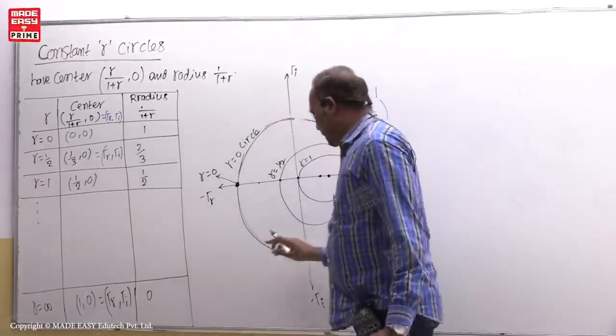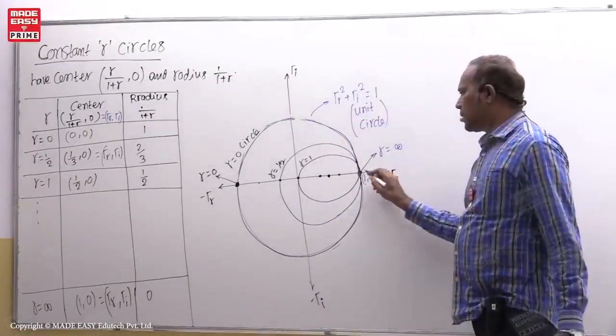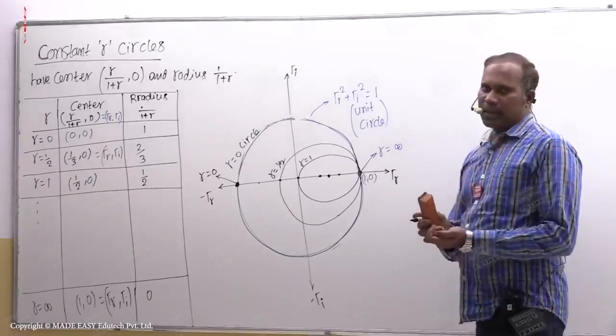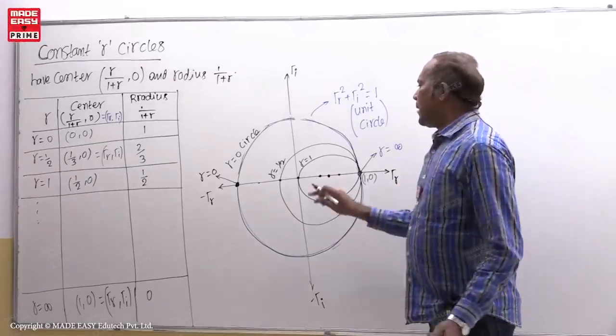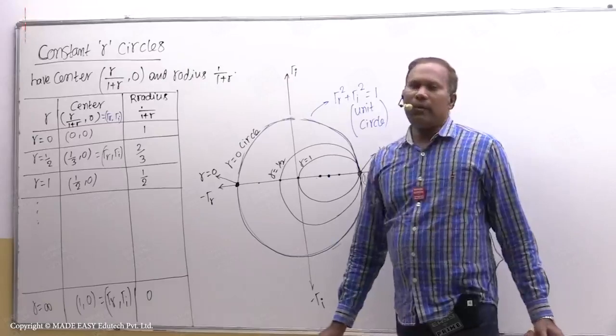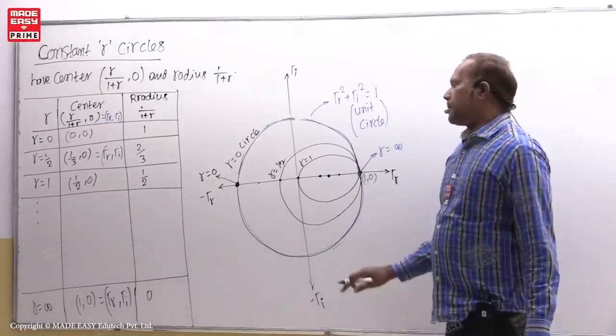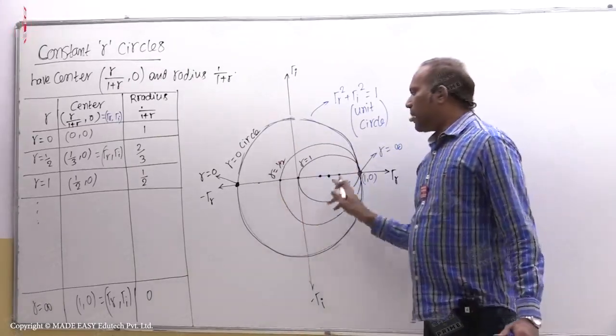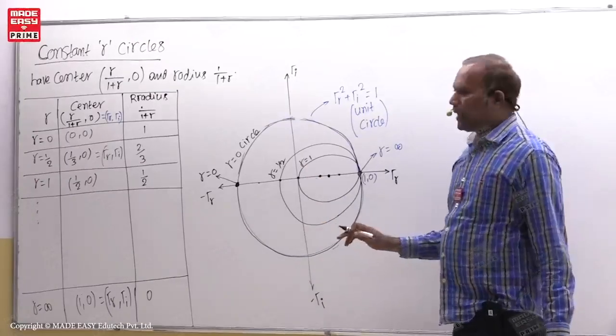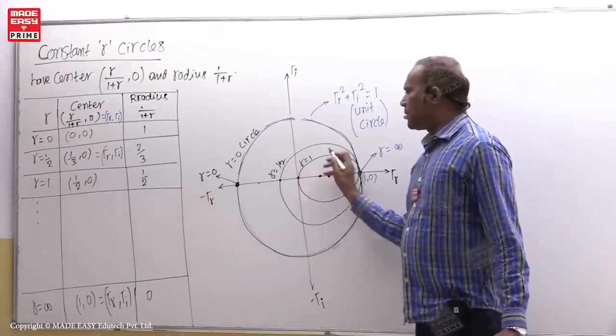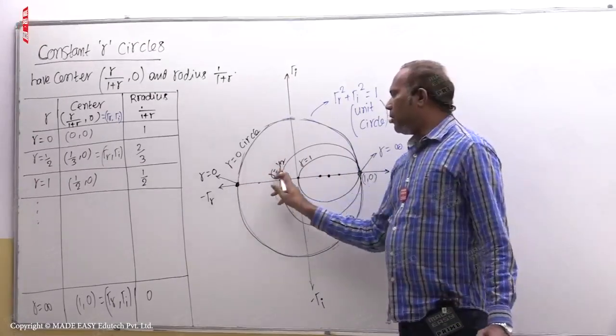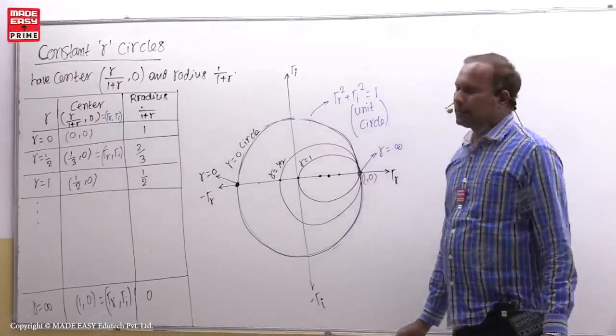Radius 0 means that is a point. So this is that location. Later on we will see the point of open circuit. In this way, infinity values are possible for small r, so you will get an infinite number of circles. So the Smith chart will have so many circles like this. For each circle, the R value will be mentioned, the smaller value.